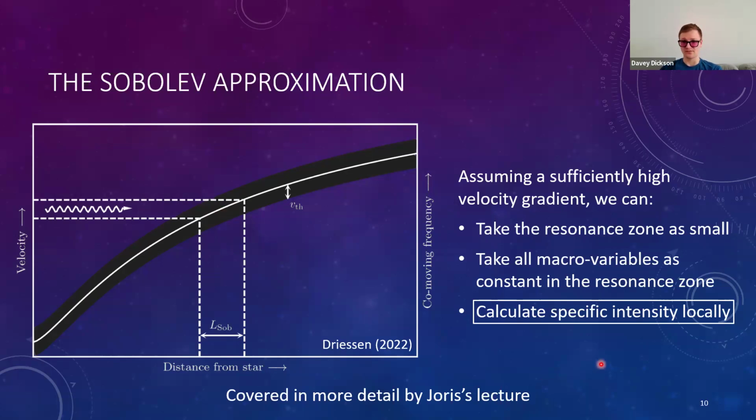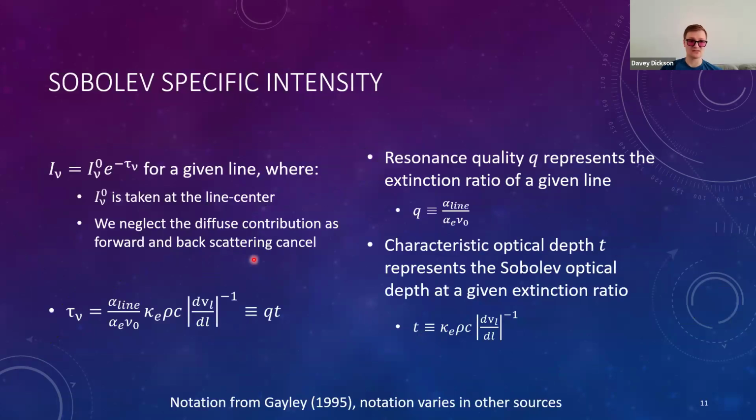And in fact, we can use those local variables in an assumption of symmetry that allows us to cancel out some terms in the intensity here, neglecting the diffuse contribution. And then we can use that to define what we end up with here as the Sobolev optical depth, which represents the amount of extinction across physical space observed within the wind.